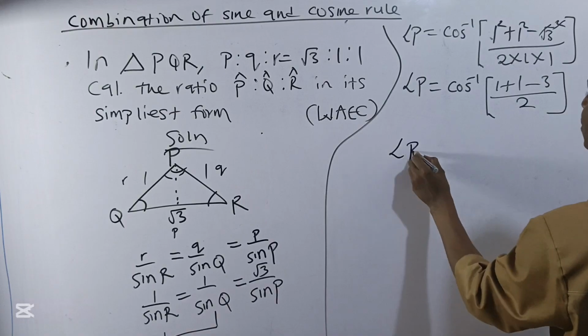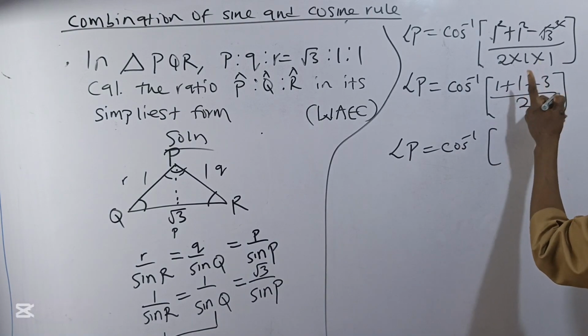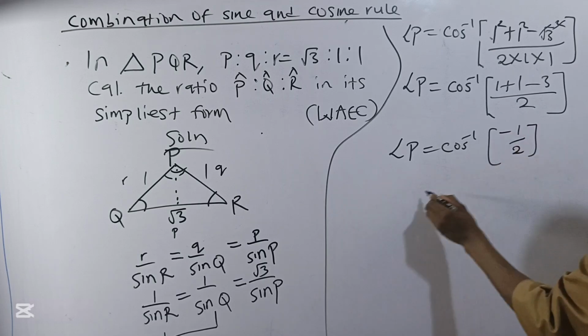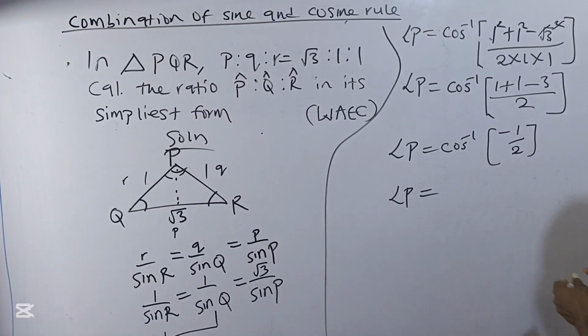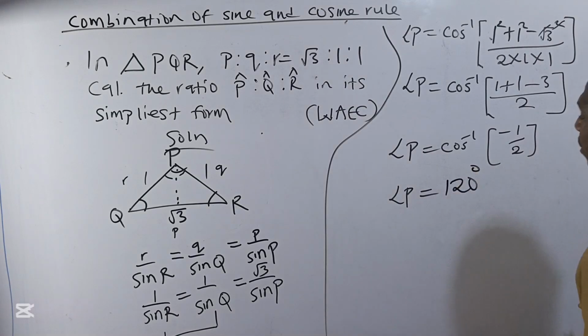So angle P is cos inverse of 1 plus 1, 2, and 2 minus 3 gives minus 1, all over 2. If I check cos inverse of minus 0.5, shift cos minus 0.5 will give me 120 degree. So angle P is equal to 120 degree.